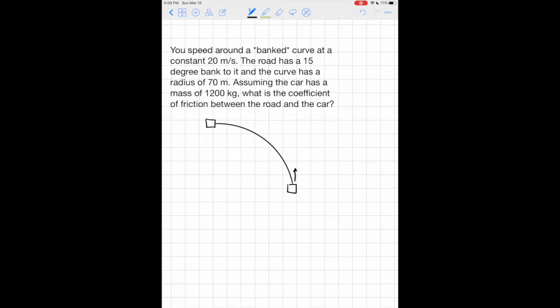I'm going at a constant 20 meters per second the entire way through. And there's some radius here of 70 meters. So that's a top-down view of what's going on, right?